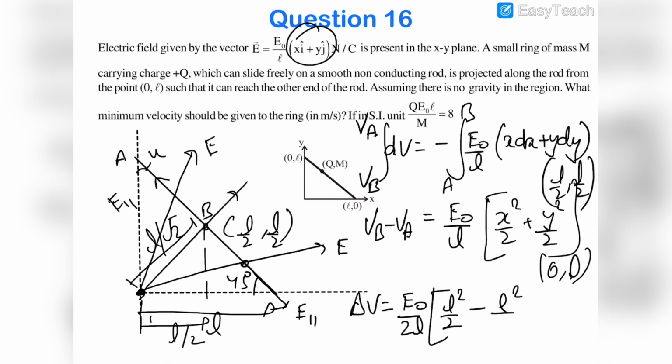So you can see that delta V is equal to E naught by 2L into minus of L square by 2. We can just ignore this minus sign because we have to find the magnitude of kinetic energy, so let us take the mod.